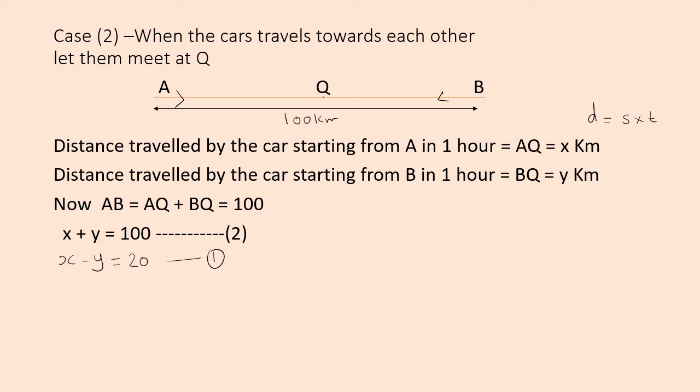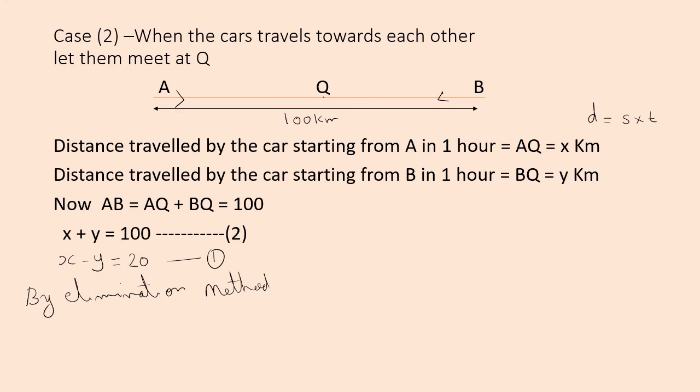Now you have to solve the equations and find the values by any algebraic method. Here, since the coefficients of the variables are the same and the y's have opposite signs, by the elimination method we can find the answer. So by the elimination method, we have to eliminate one of the variables.